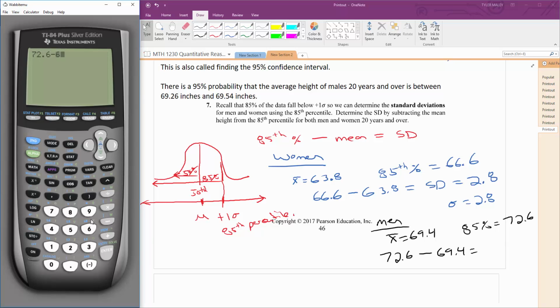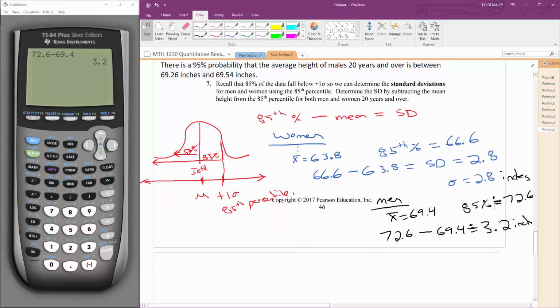You get 3.2. So we found both of those standard deviations: 2.8 inches and 3.2 inches. And these are approximates. That's the way you can approximate if you know the 85th percentile.